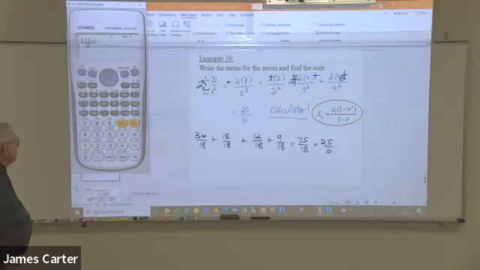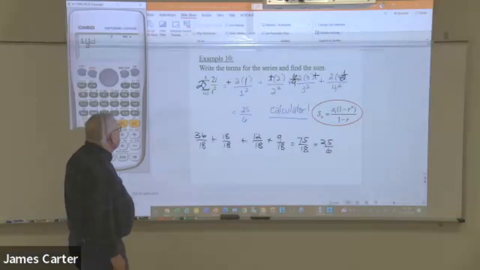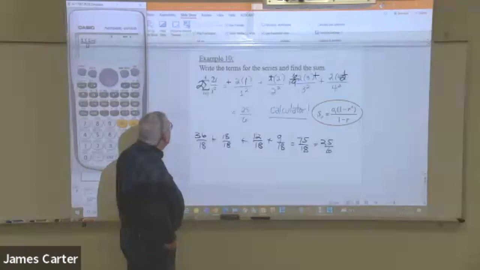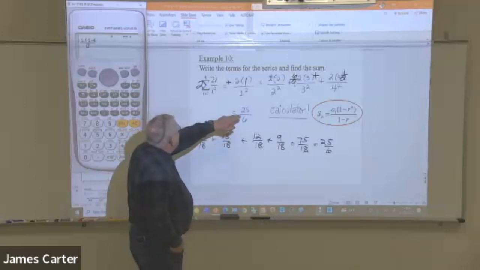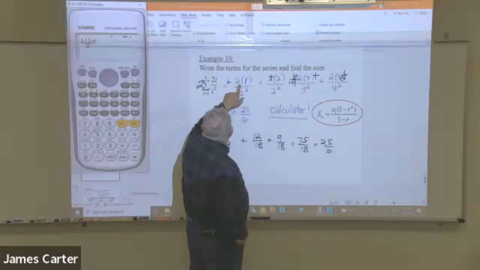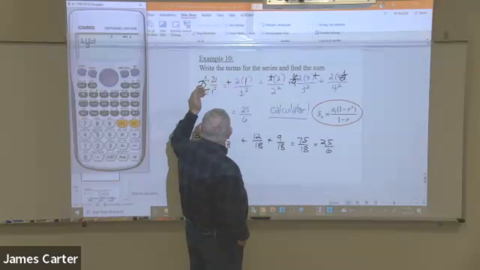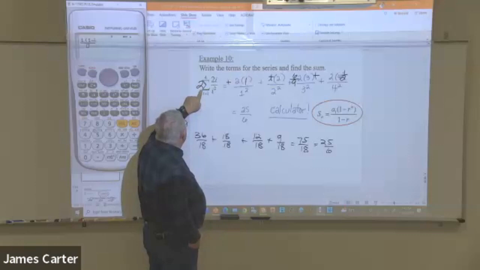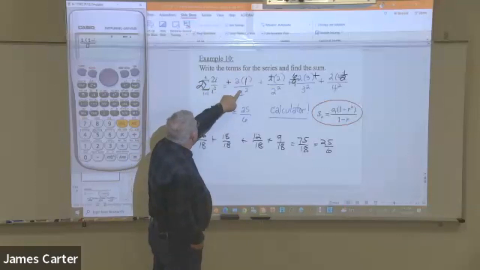Common ratio on this one is, what did I say I had? Here I had 4 over 4 is 1. Here I had, what did I erase some? Oh, 2 is my first term, 1 is my second.